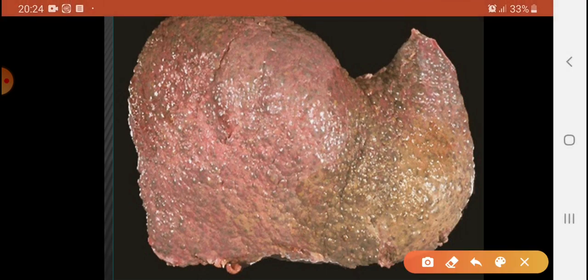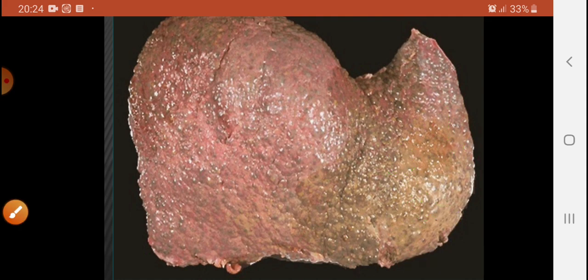This is micronodular cirrhosis, where you can see the nodules are very tiny nodules separated by stretches of fibrosis. This is the nodule, and these are the fibrotic bands.